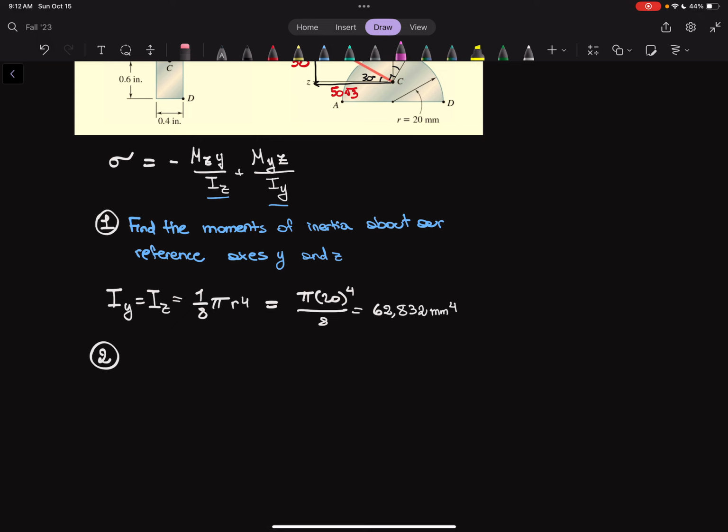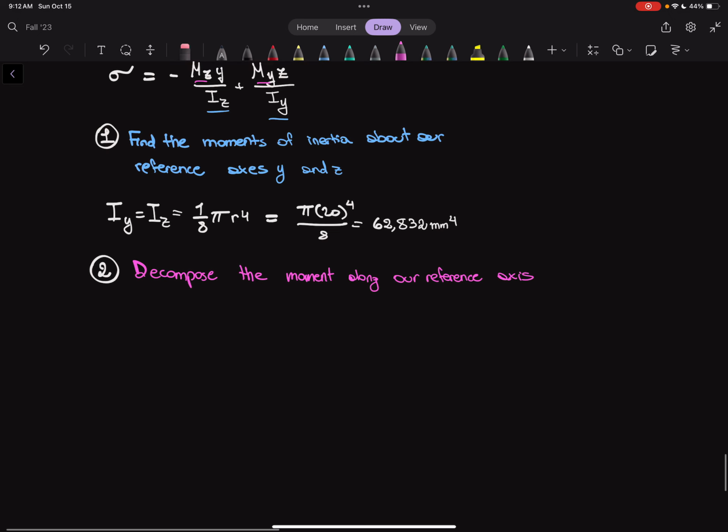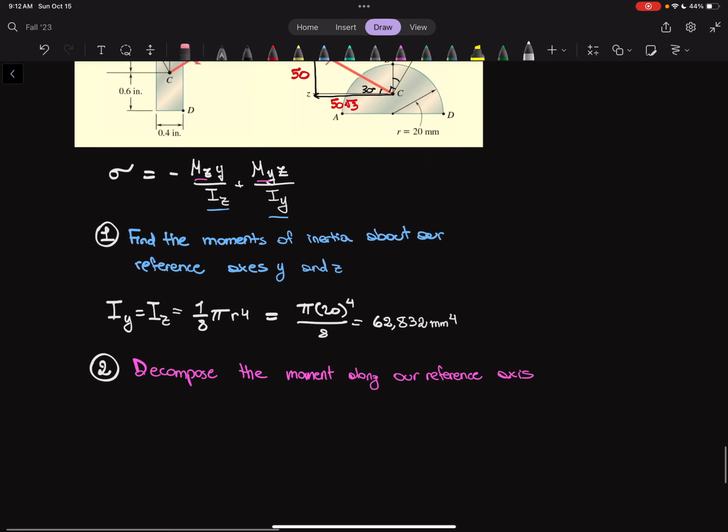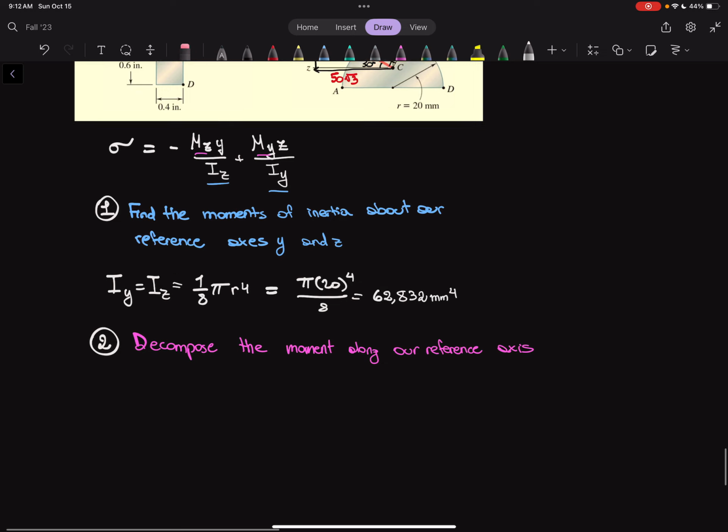And step 2 is we need these. So decompose the moment along our reference axis. So we decompose the moment along our reference axis, and we get what?